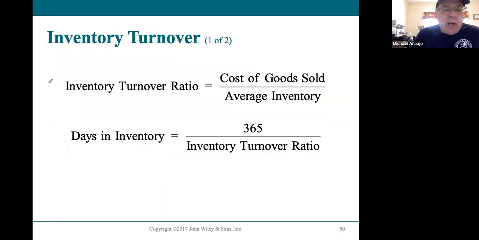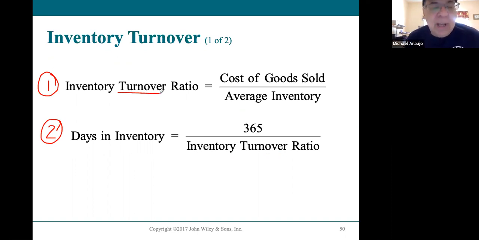There are two primary ratios we're going to be looking at. You have to do the first one first in order to get the second one, okay? So the first one is called inventory turnover. Now, turnover is how many times a company is selling its items and needs to replace them.